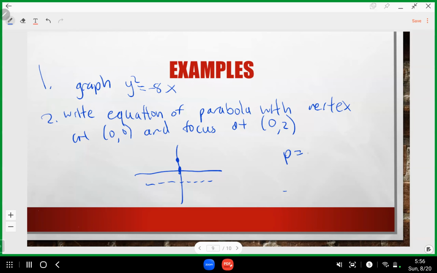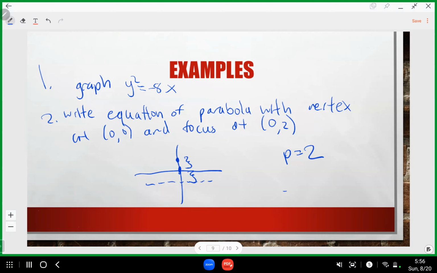I think p is 8? Are you sure about that? It's the distance between the focus and the vertex. What is the distance? It's 4? Oh, I mean 2.